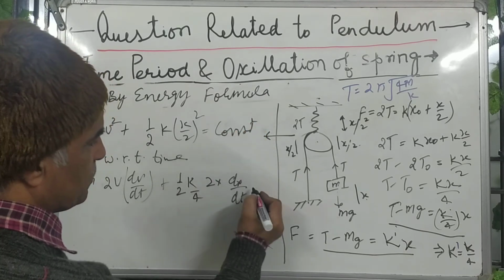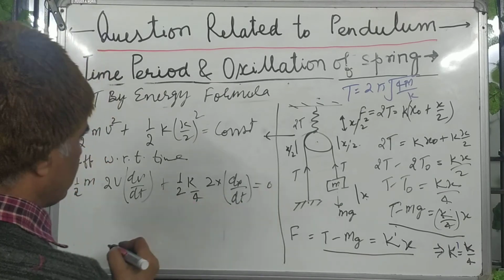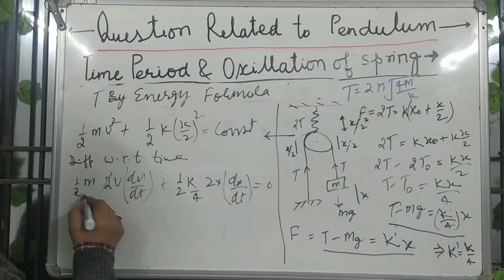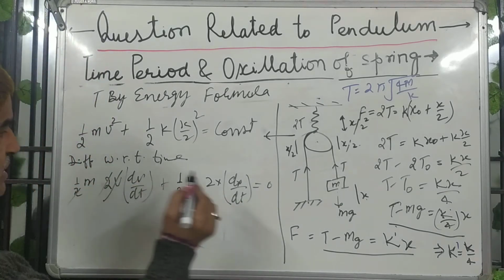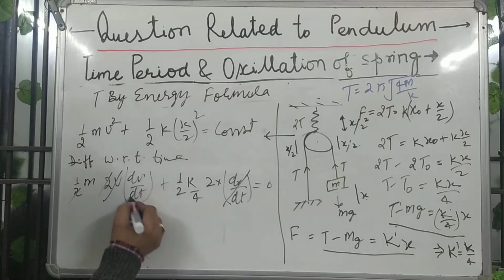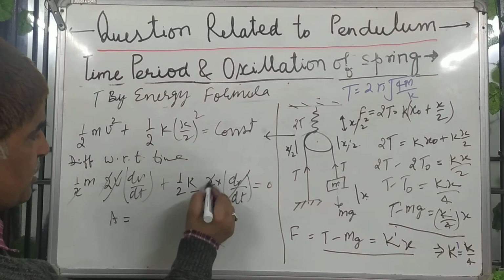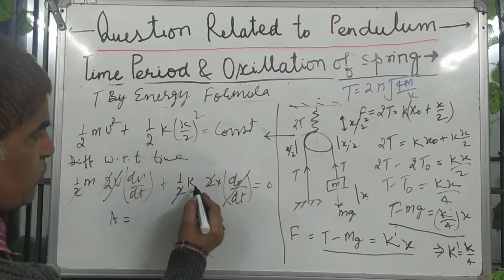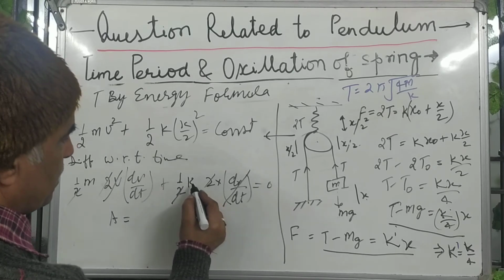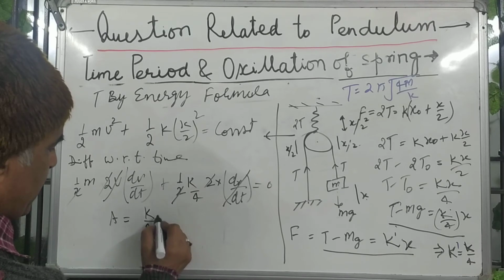The derivative of the constant is 0. dx by dt is velocity; the 2 and 2 cancel, and the velocity cancels. So you find acceleration a equals k by 4 x.